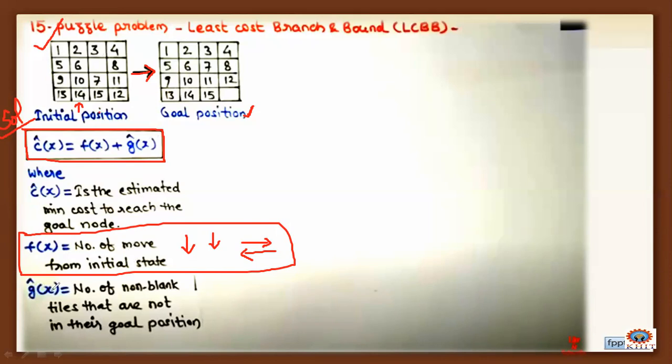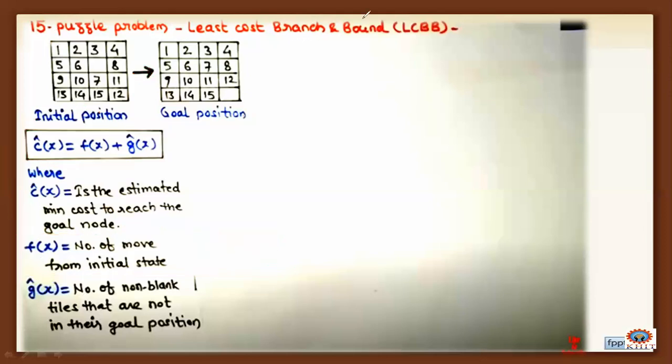G cap of x means the number of non-blank tiles that are not in the goal position. So based on these three formulas, we will solve the problem very easily and quickly.